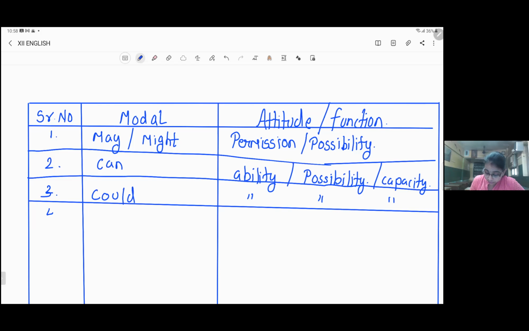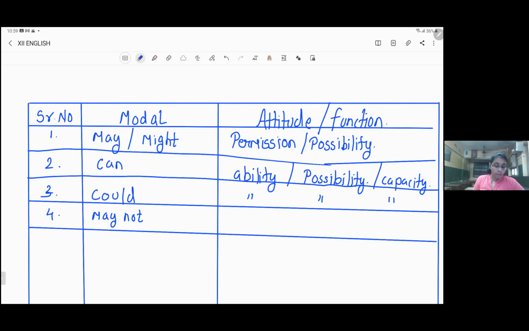Fourth, may not. May not. The word not itself is showing it is negative.